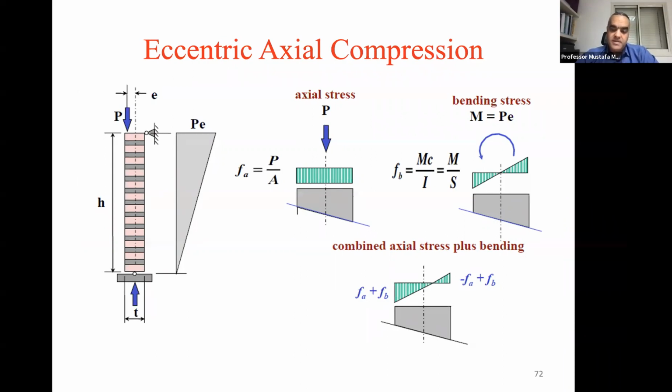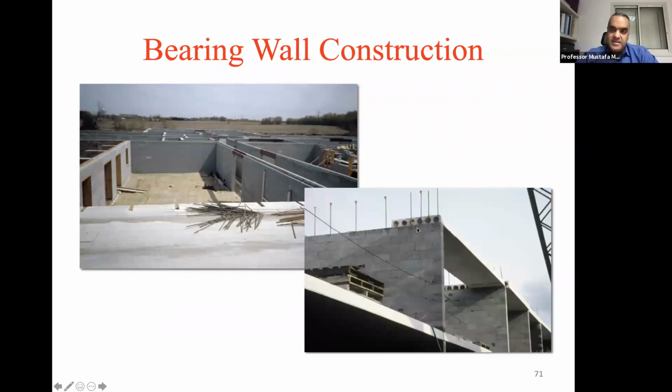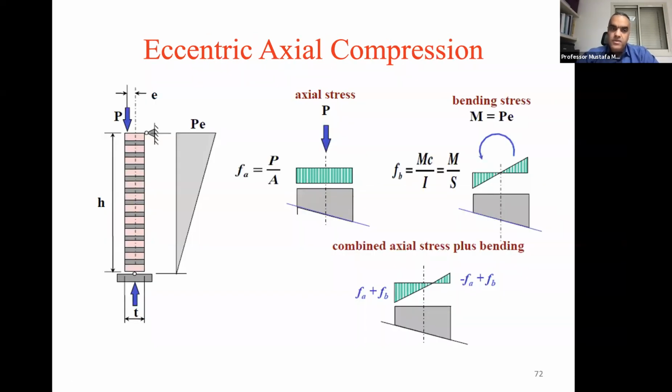For example, here, this precast plank. Its reaction would not be exactly at the center line of the wall. You can see here we have rebars going up from the wall. Those are at the center. So it's hard to place the load at the center.